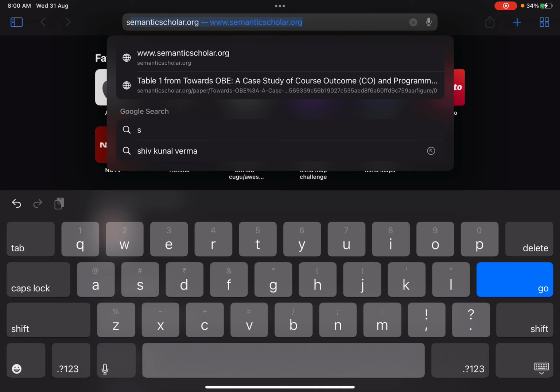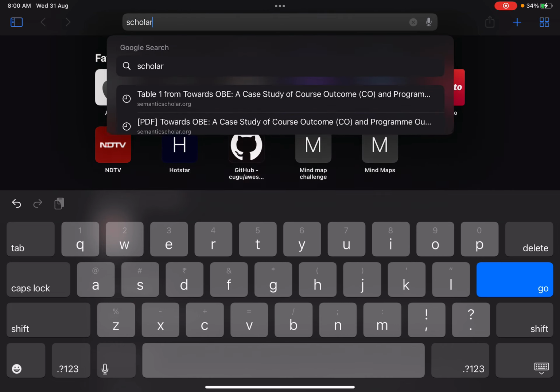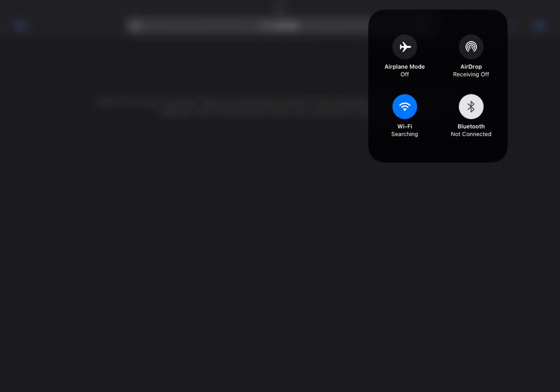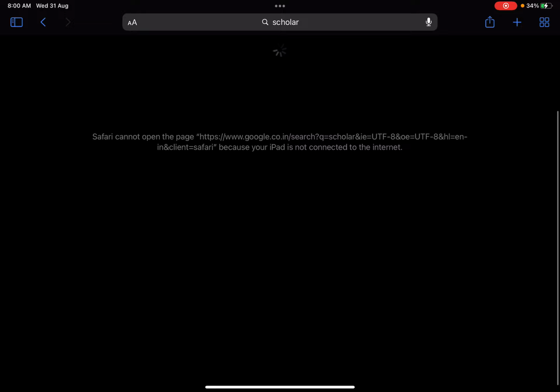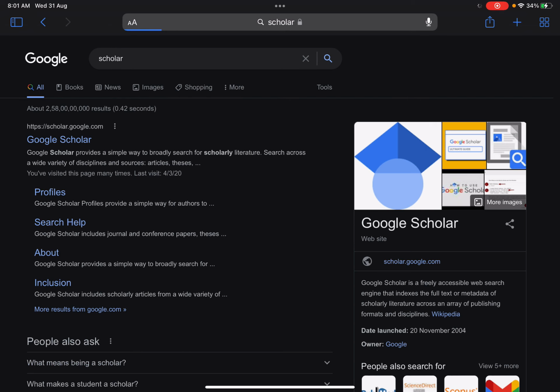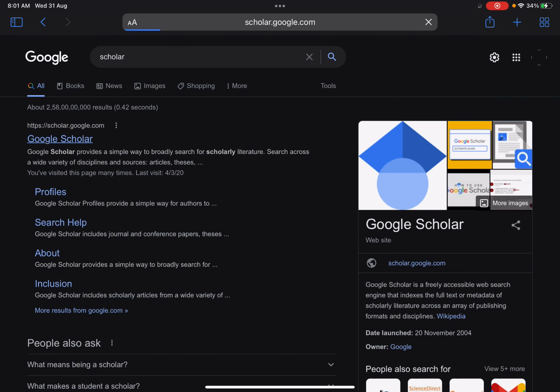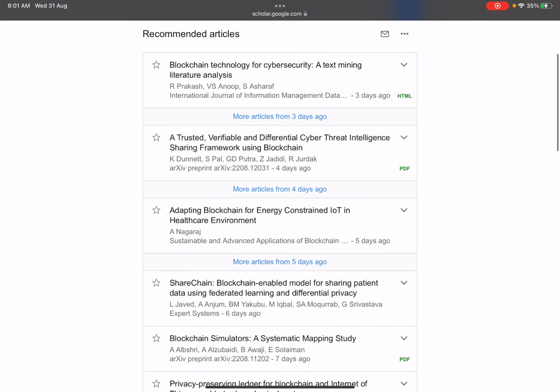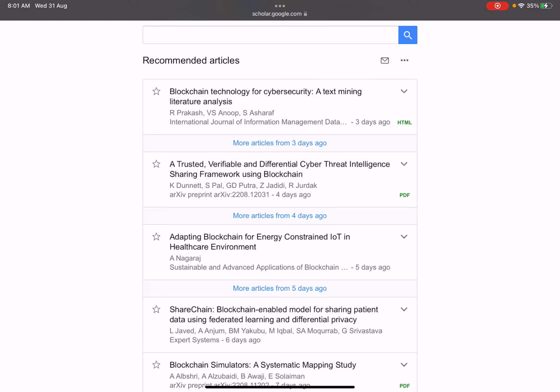So, if I go to Scholar, right? If we go to this particular website, Google Scholar, and we look at these titles, see, blockchain technology for cyber security, a text mining literature analysis, right?